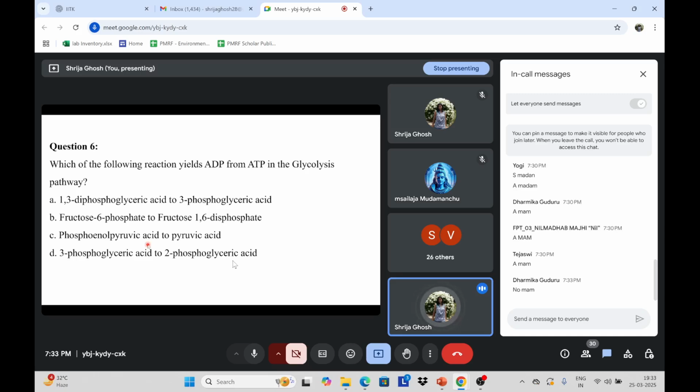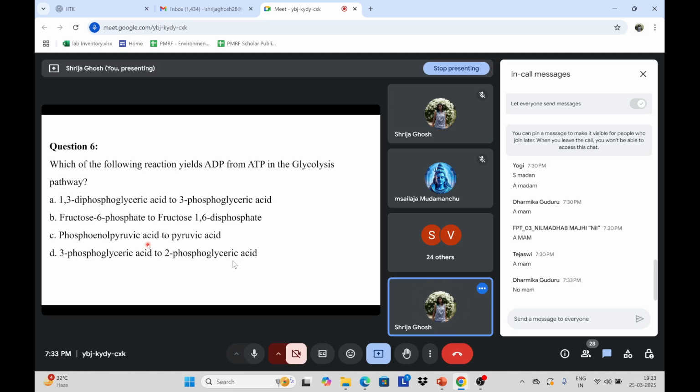Which of the following reactions yields ADP from ATP in the glycolysis pathway? So we had 10 steps in the glycolysis pathway, right? I told you there were phosphorylation and dephosphorylation steps. Okay.